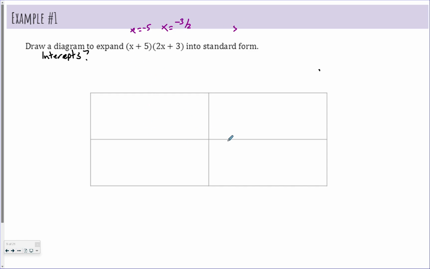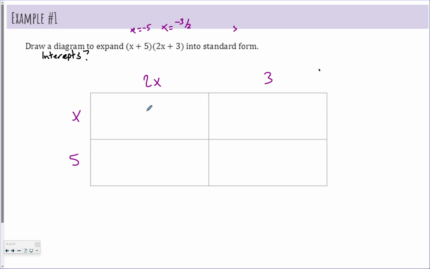You may remember that you could try to use a box to multiply, right? So there are two ways to do this. But the biggest way with the box is to just take each of these terms and put them in a different spot. So on the left side, maybe I'll put x and 5, and then over here, 2x and 3. Keep in mind that if one of these were a negative, you can make that term negative as well.